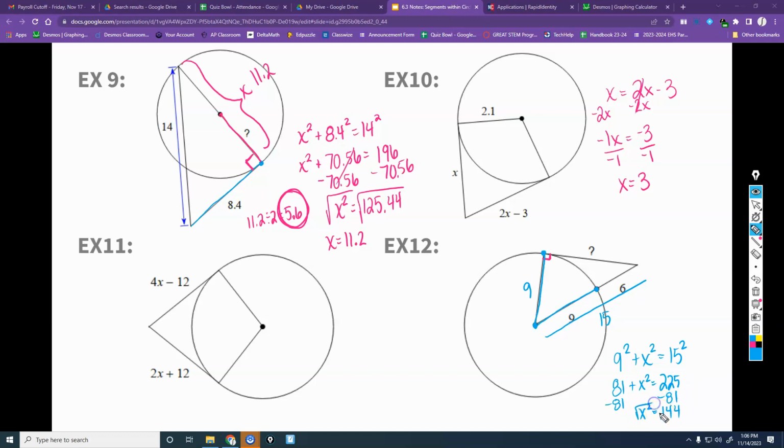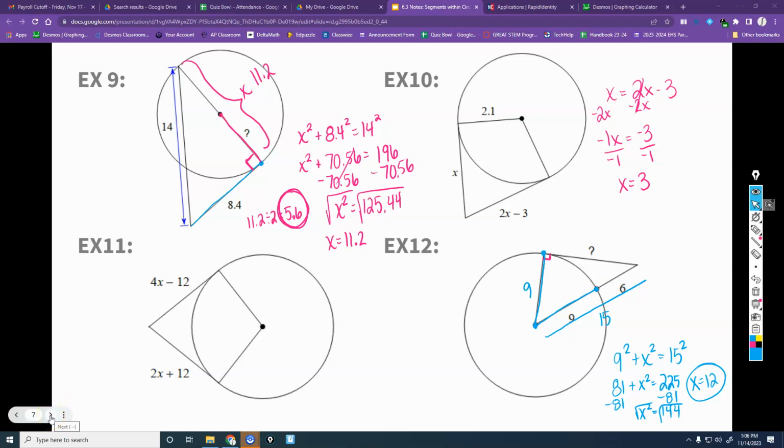So we will square root both sides, and x will equal 12. That is the reason they gave you this in pieces, where they gave you the 9 and 6 instead of just giving you that the whole side was 15. If they only gave you that the whole side was 15, we wouldn't be able to do it.